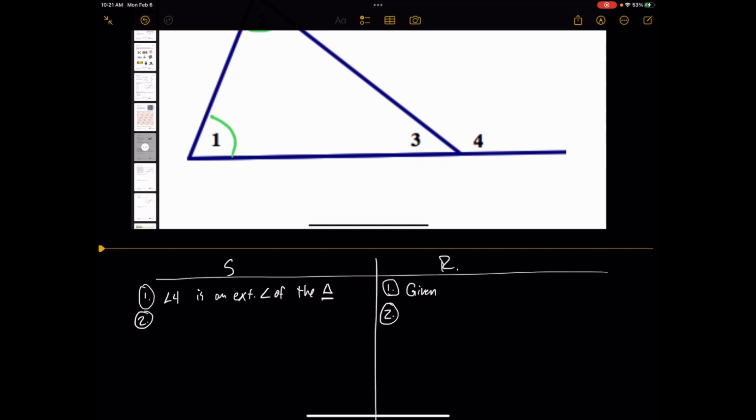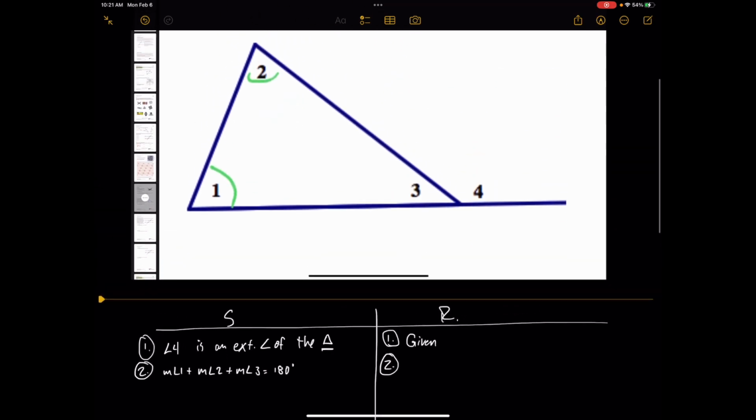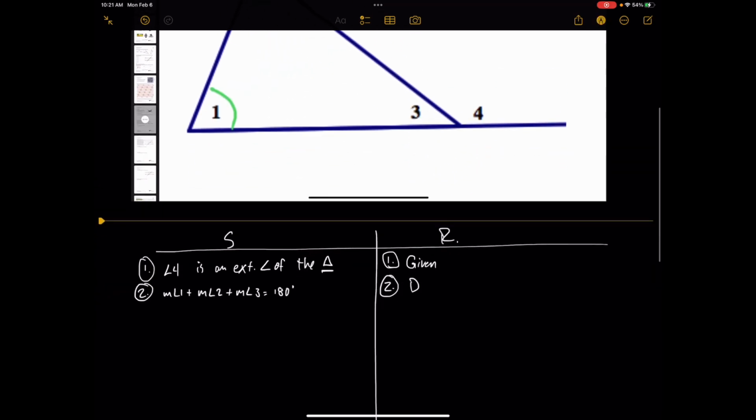So we can then say the measure of angle 1 plus the measure of angle 2 plus the measure of angle 3 is equal to what? 180. Very good. Now, why can I say that? Because it's the definition of a triangle.